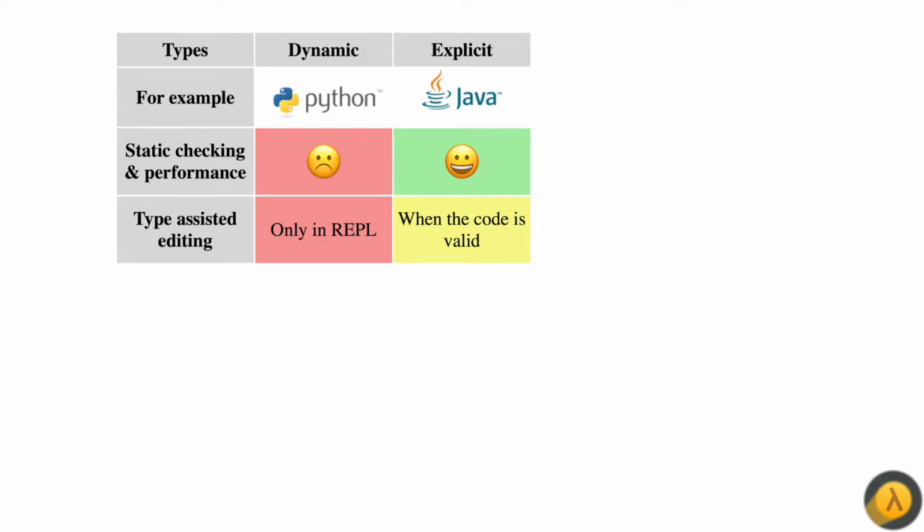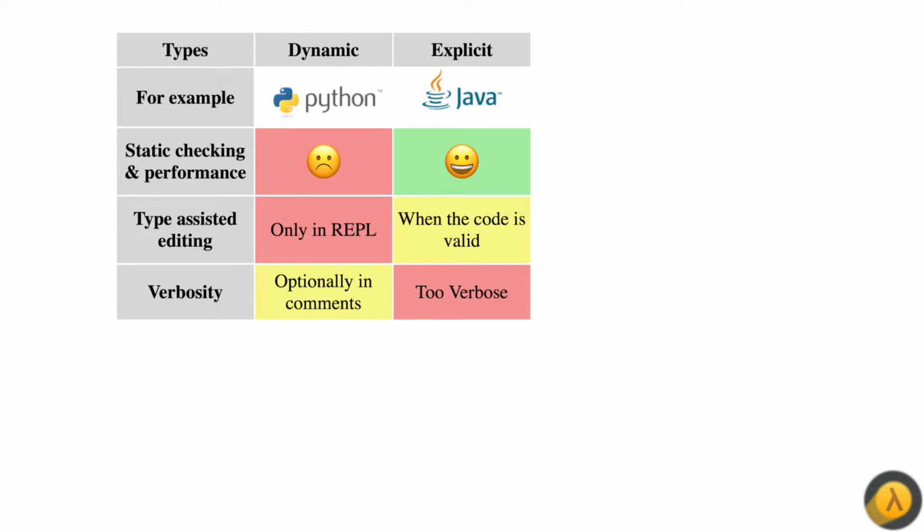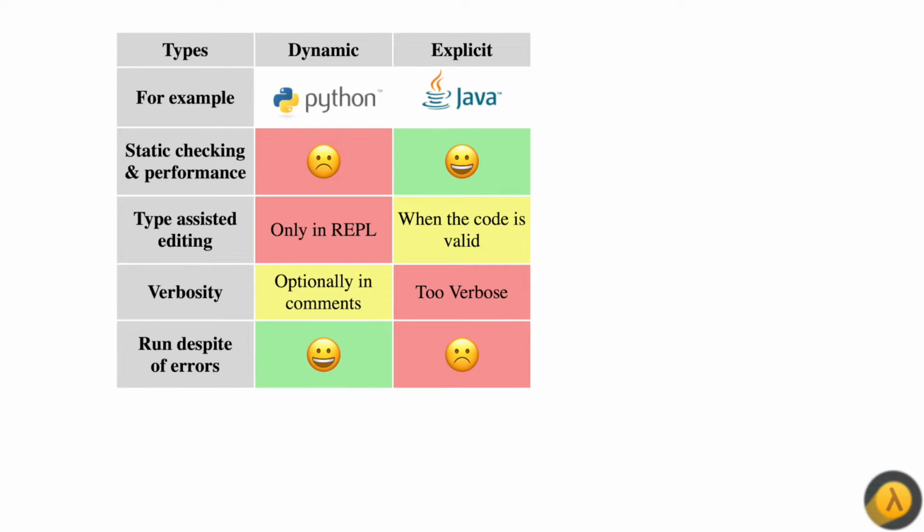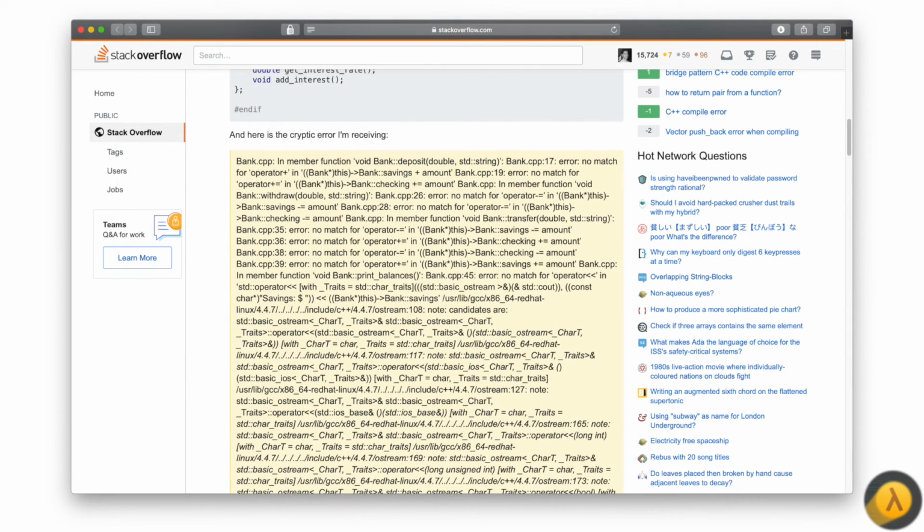They offer type-directed completions, but they are quite verbose, and you can't do anything with the program until you fix the type errors. When type errors occur, dynamic languages provide concrete examples for values, making errors easier to decipher, while static languages like C++ and Haskell are infamous for their cryptic type errors.